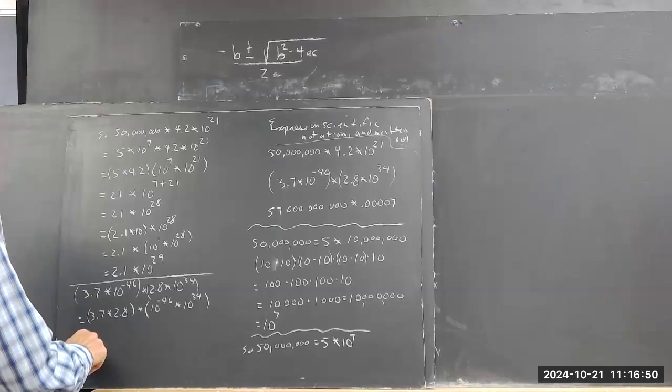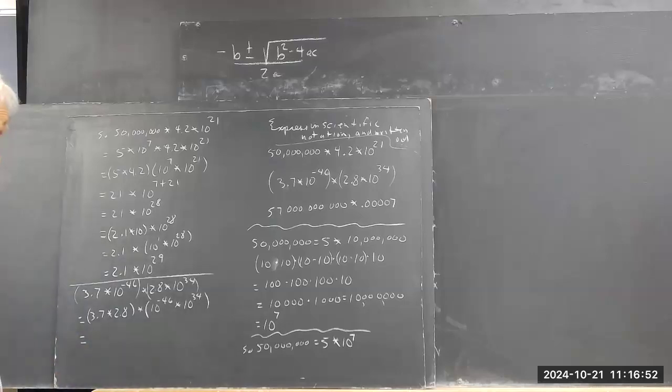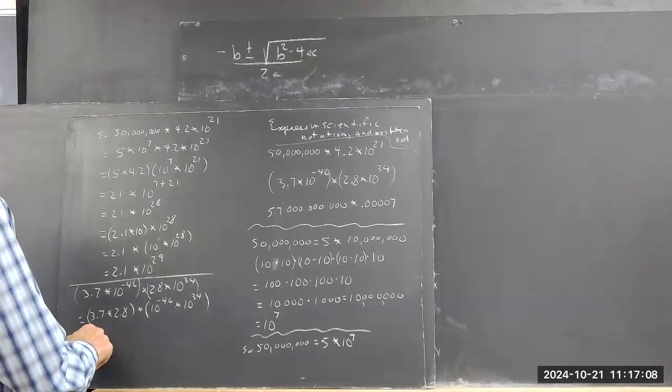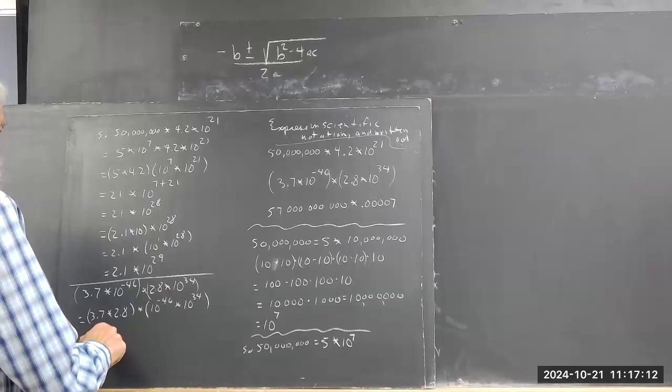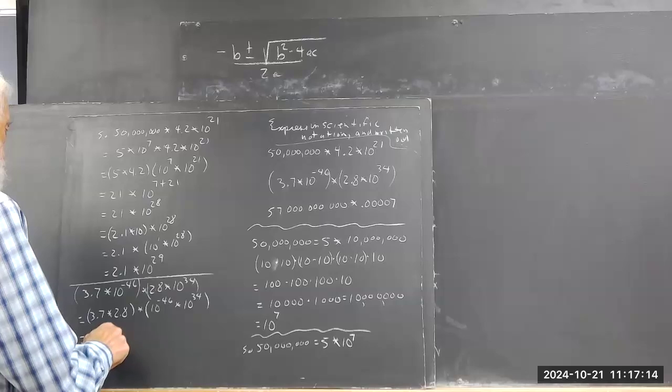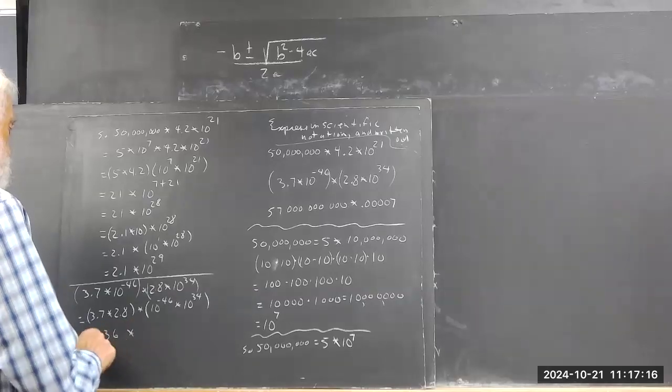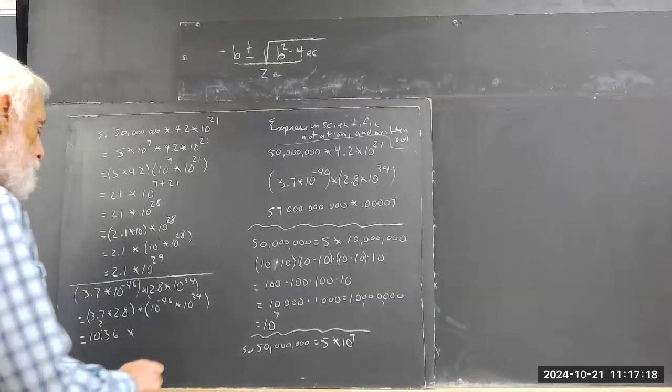I should have chosen numbers that are easier to multiply together. Let's see, 3 times 3.7 would be 11.1. 0.2 times 3.7 would be 0.74. 11.1 minus 0.74 is 10.36. Question mark over that one.